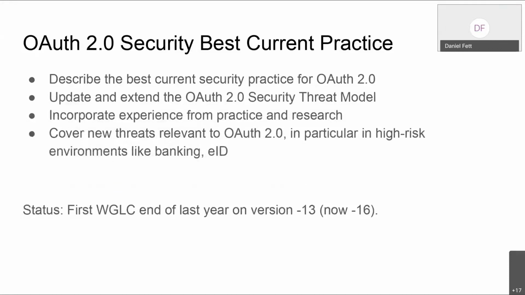It updates and extends the OAuth 2 security threat model. We try to incorporate experience from practice as well as from research, and cover new threats that are relevant to OAuth 2. In particular, also those that arise in high-risk environments, for example, in open banking environments, or when OAuth is used in eID schemes or for electronic signatures or applications like that.